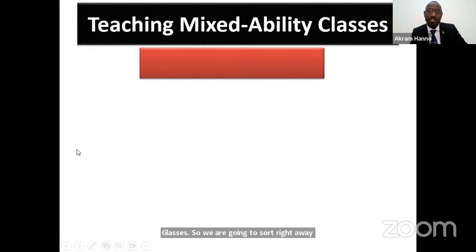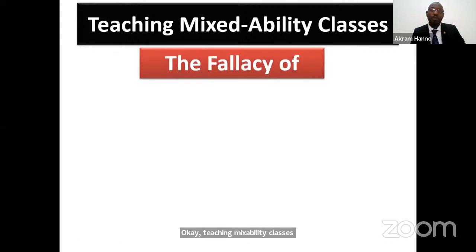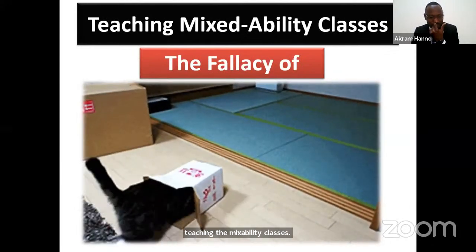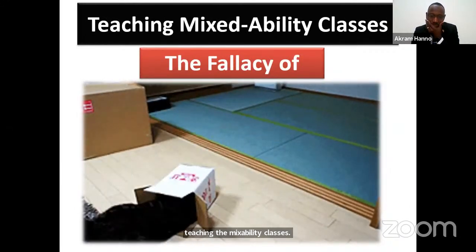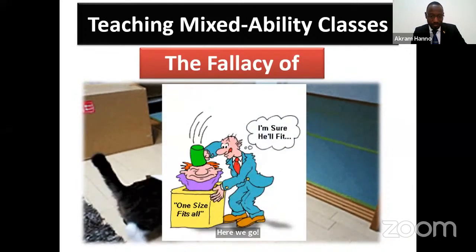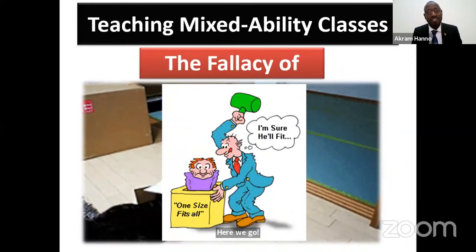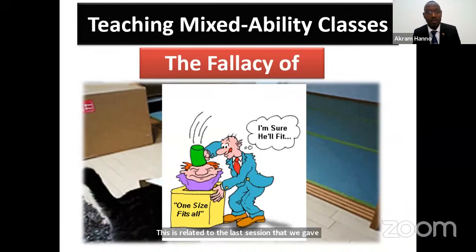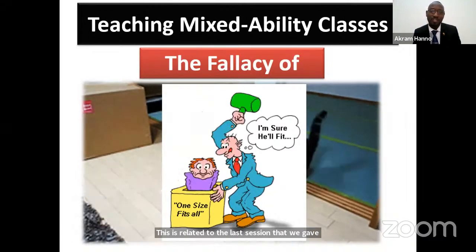Okay, teaching mixed ability classes, as you know, is an issue. And here is the fallacy of teaching mixed ability classes. This is related to the last session that we gave when talking about differentiated instruction.